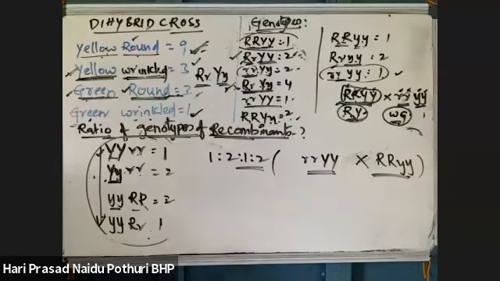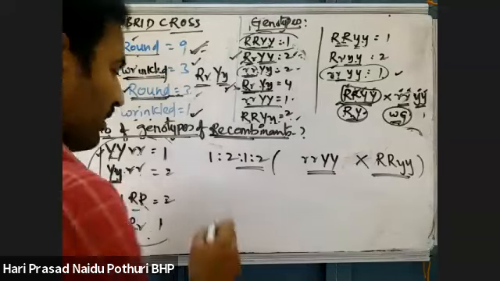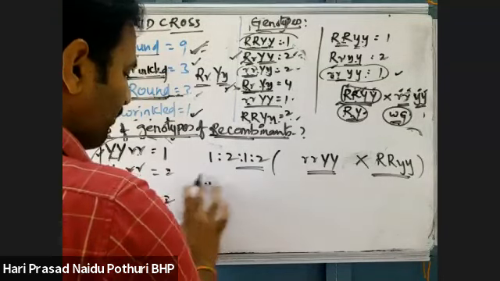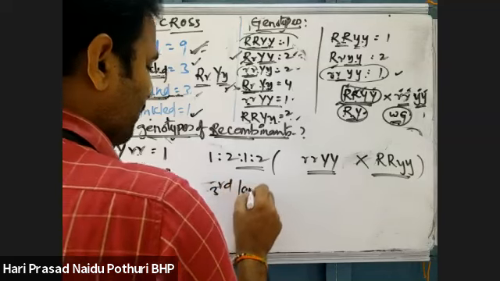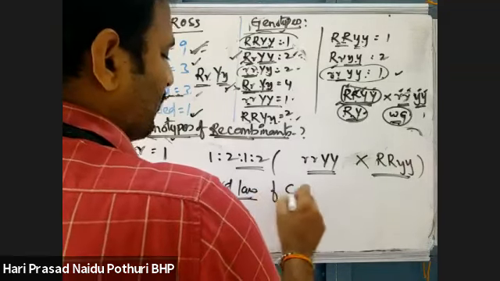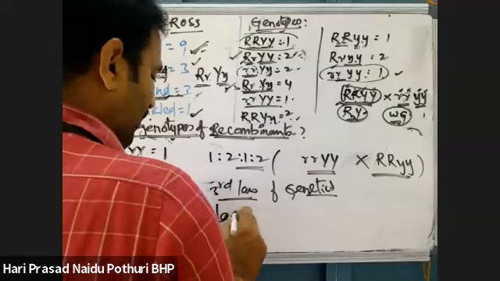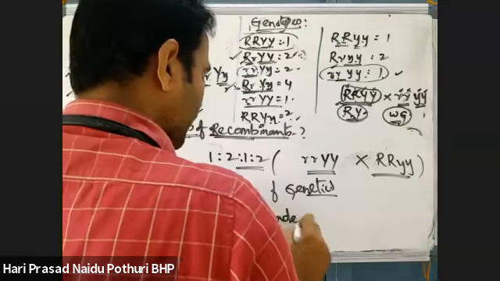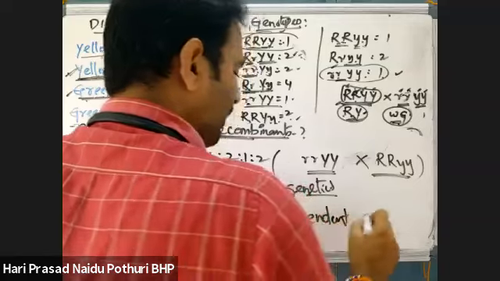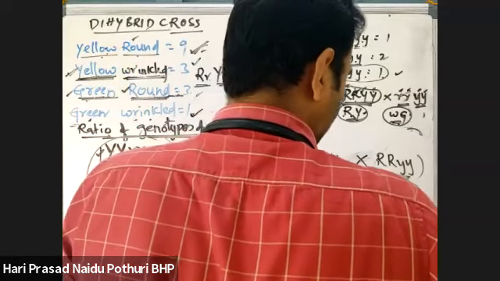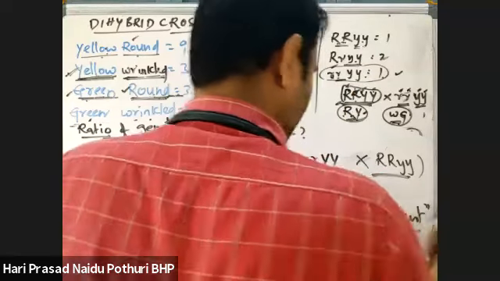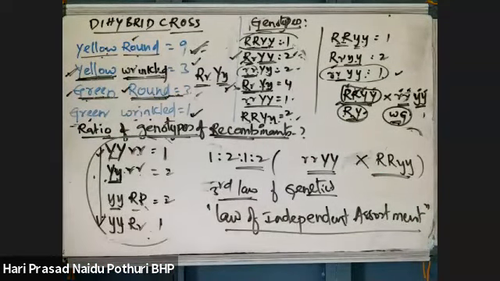Based on these results he proposed the third law of genetics, which is the law of independent assortment. That law of independent assortment we will see in the next class.